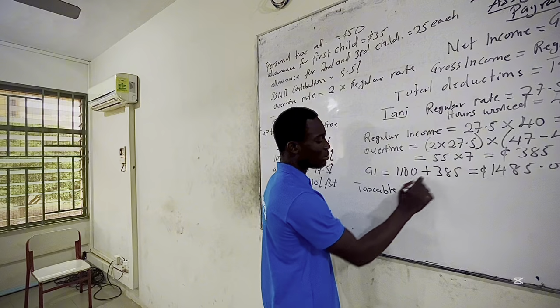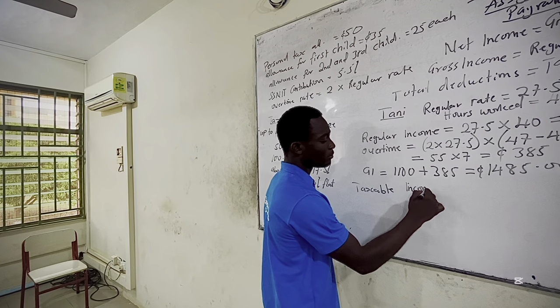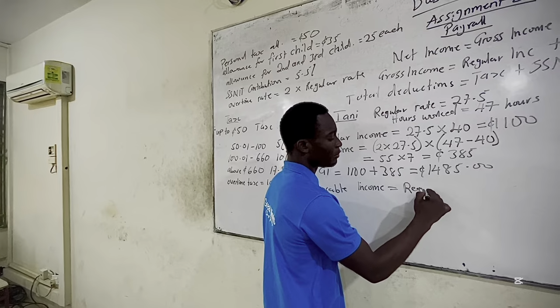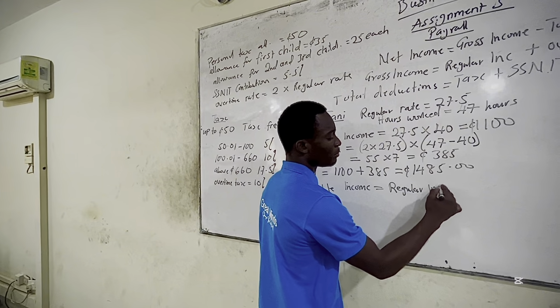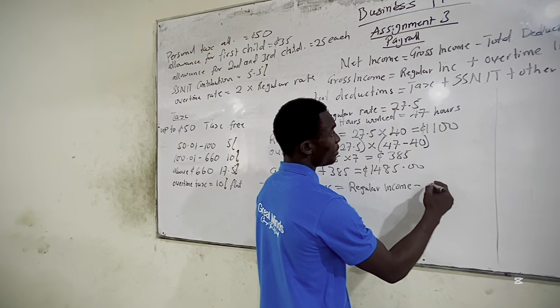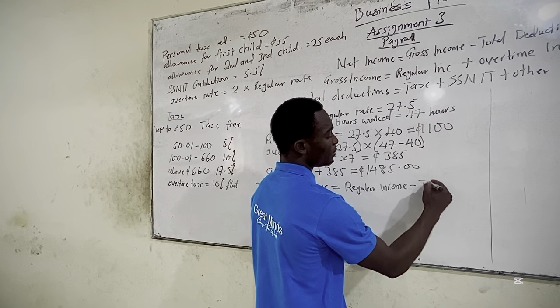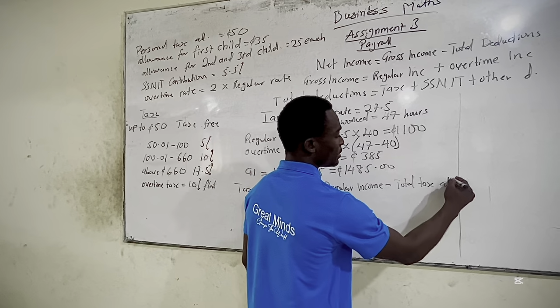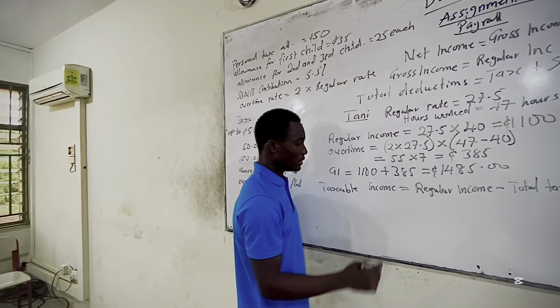Allowance. Sorry, the taxable income, which is equal to regular income minus total tax allowance, right?